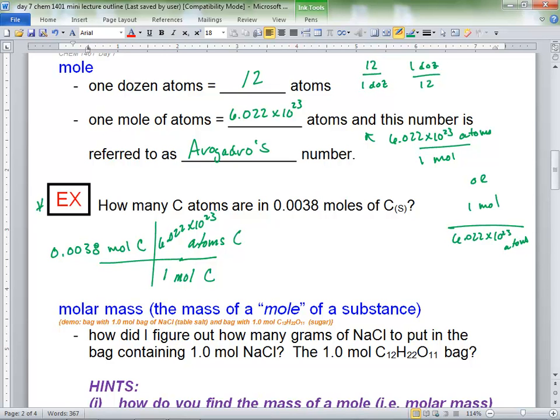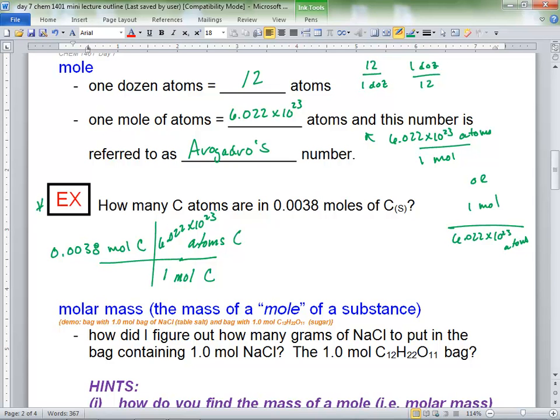Top multiply, bottom divide, so we multiply by Avogadro. I have the 0.0038 times 6.022. That covers this part. How do I get the 10 to the 23rd in there? EXP. Good. Push in EXP, and then those little zeros show up in the upper right. Plug in 23. Hit equals.